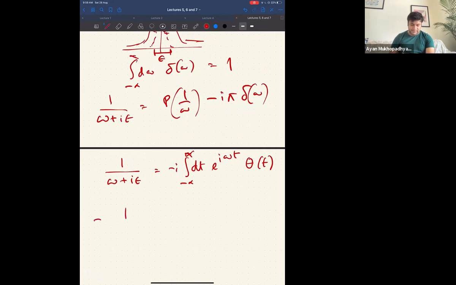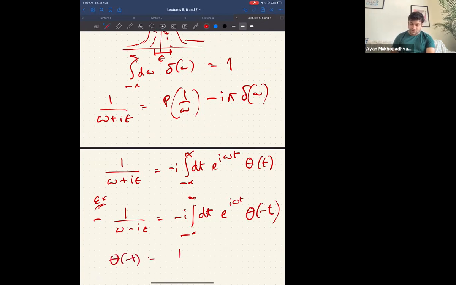You don't have to submit this, but do it at home. This is nothing but the integral from minus infinity to infinity dt e to the power I omega t theta of minus t. You can see that by doing the inverse Fourier transform first and showing that theta of minus t is equal to 1 over 2 pi integral d omega e to the power minus I omega t of minus 1 over omega plus minus I epsilon.